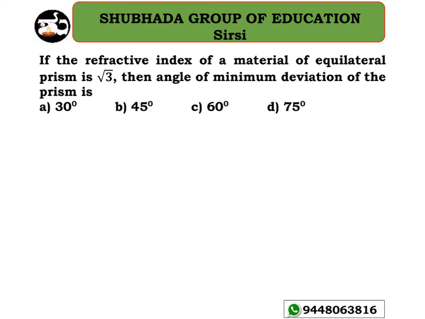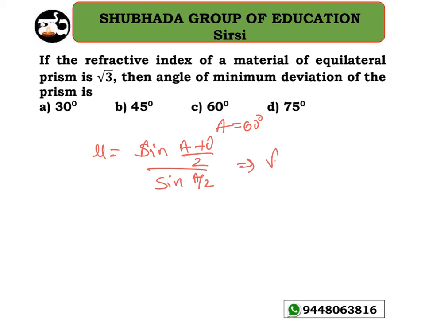The next problem says that if the refractive index of the material of an equilateral prism is root 3, equilateral prism in the sense A is equal to 60 degree, then the minimum angle of deviation of the prism is? Simple problem. mu equals sine of (A plus delta) divided by 2, divided by sine of A by 2. So root 3 equals sine of (60 plus delta) divided by 2, divided by sine of 60 divided by 2.